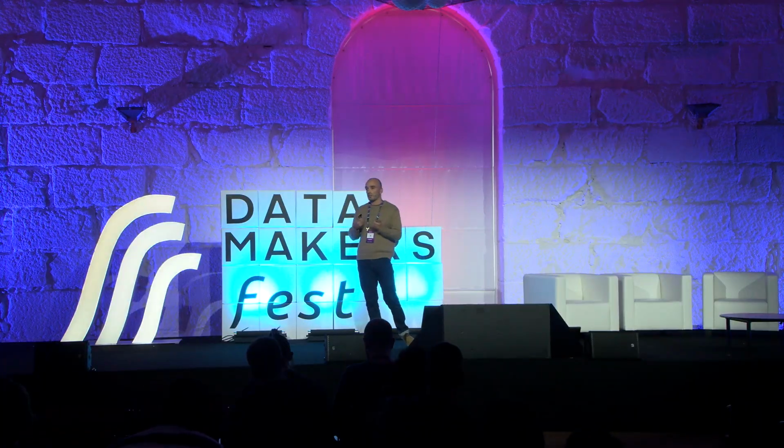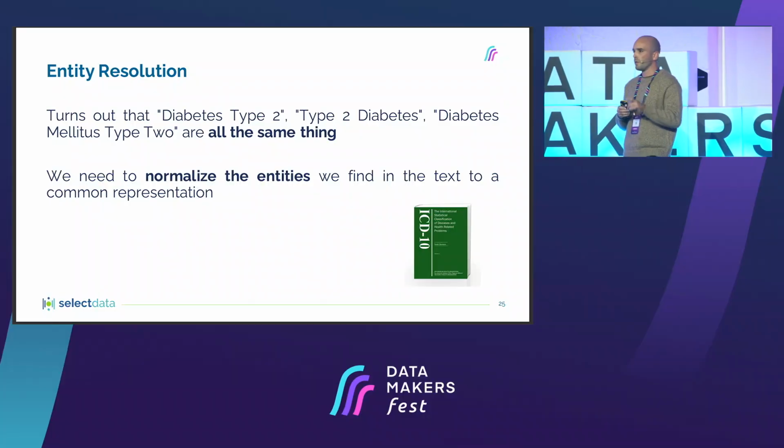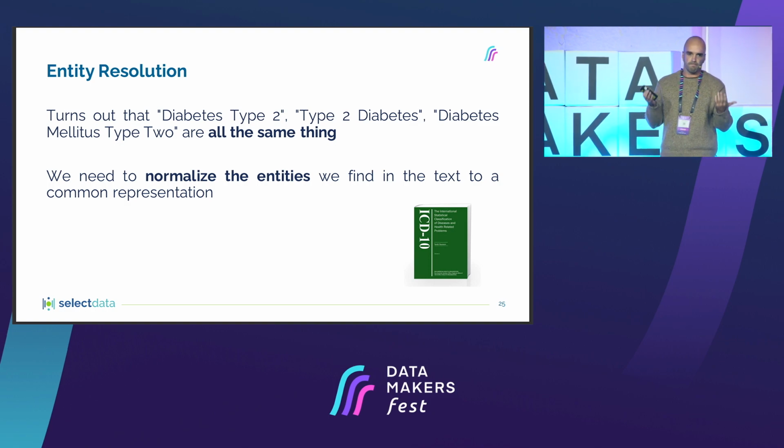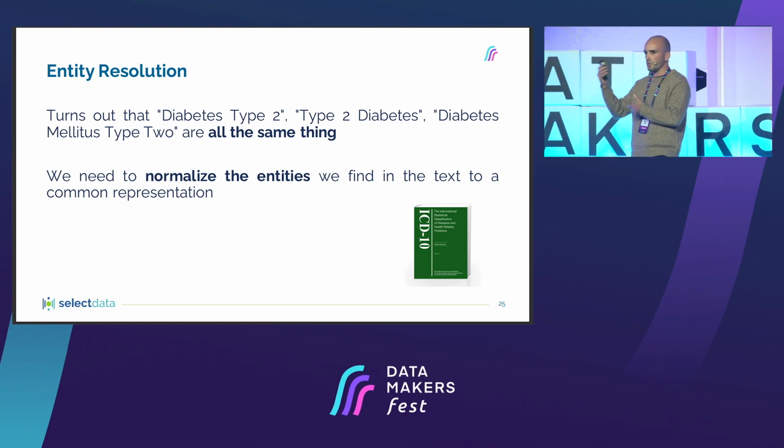And for clinical coding purposes, they refer to the exact same scenario, meaning that we have to find some way to actually normalize the entities that we have previously extracted and attribute them some sort of standardized and common representation.